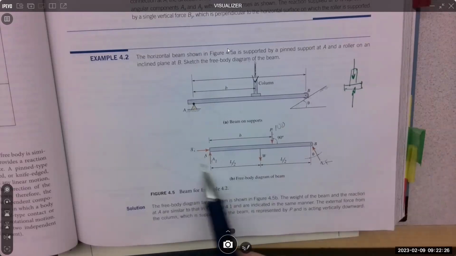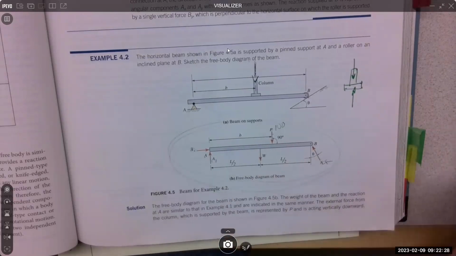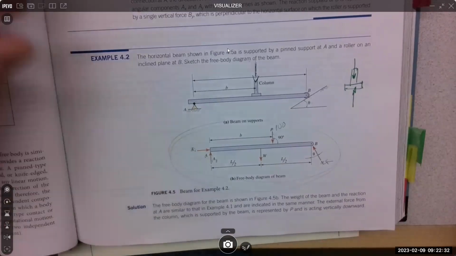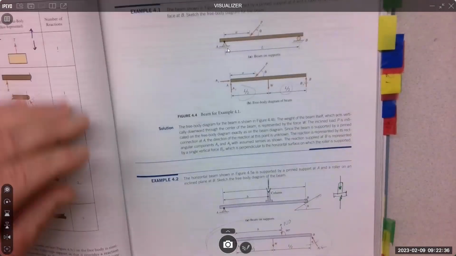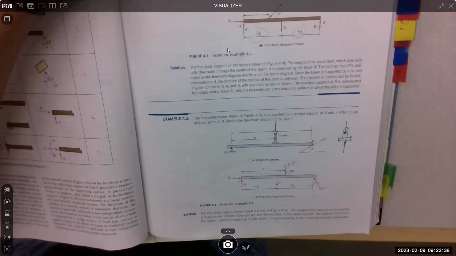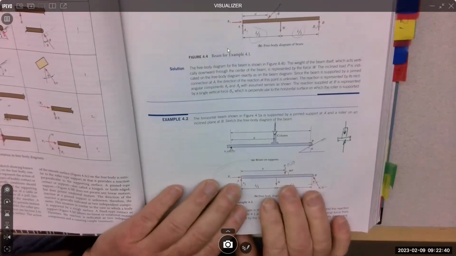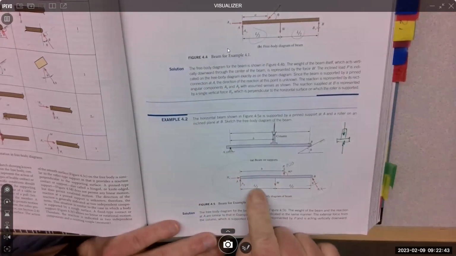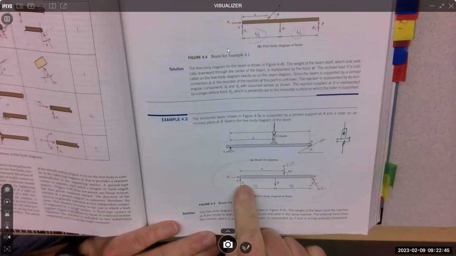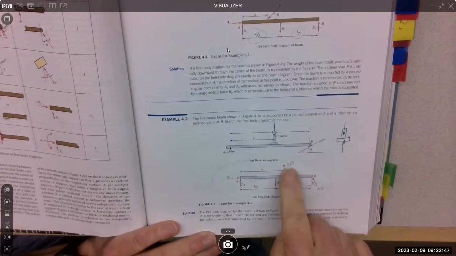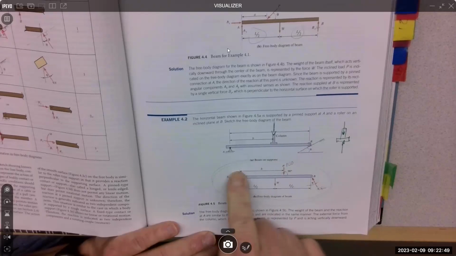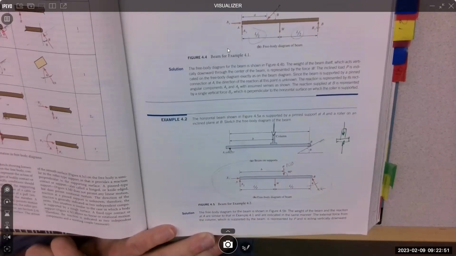This is the free body diagram that we need before we start the problem. In the first part of the chapter, I believe you actually start with just drawing the free body diagram. What I'm going to look for is that you have all of the information on the diagram: distances, named reactions, external loads, distances to that load, okay? All of that needs to be on the free body diagram.